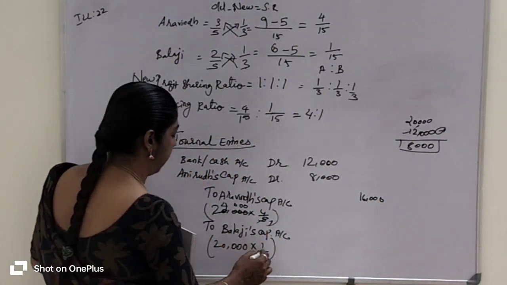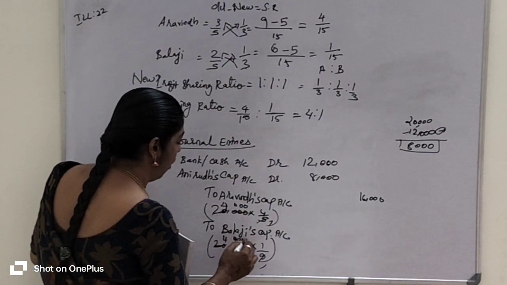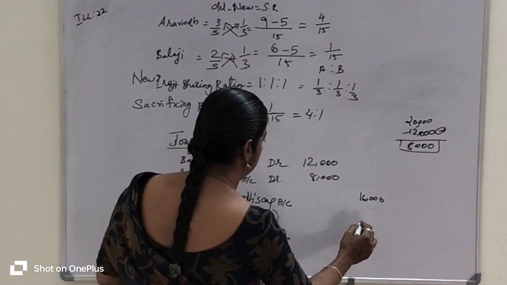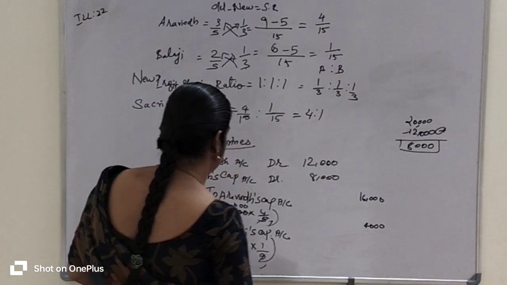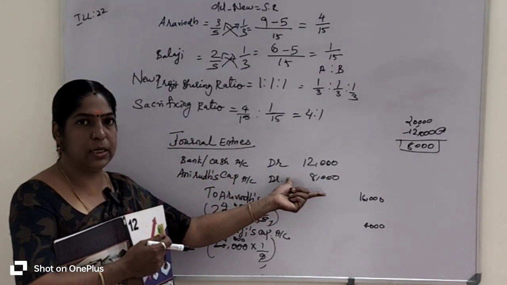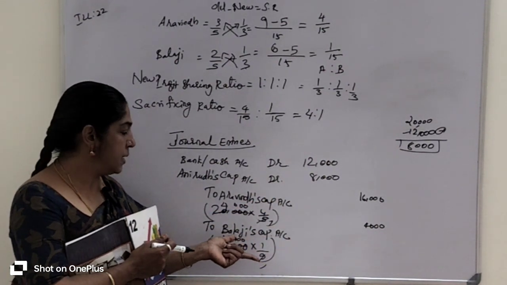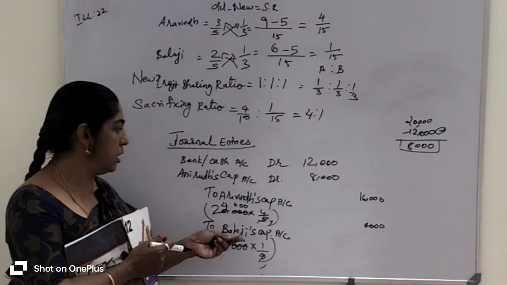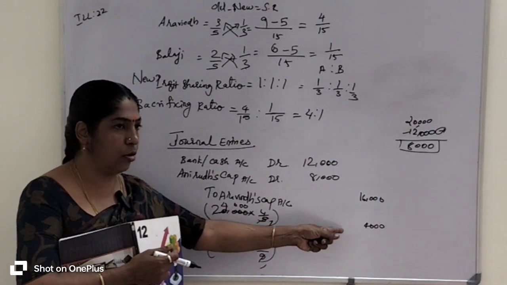And Balaji's capital: 1 5 is 5, 4 5s are 20, 3 zeros to be added here, 4 1s are 4. 4,000 rupees. So we distributed Anirudh's 20,000 rupees goodwill to the existing partners in the sacrificing ratio. Aravind gets 16,000 rupees and Balaji's capital account 4,000 rupees.